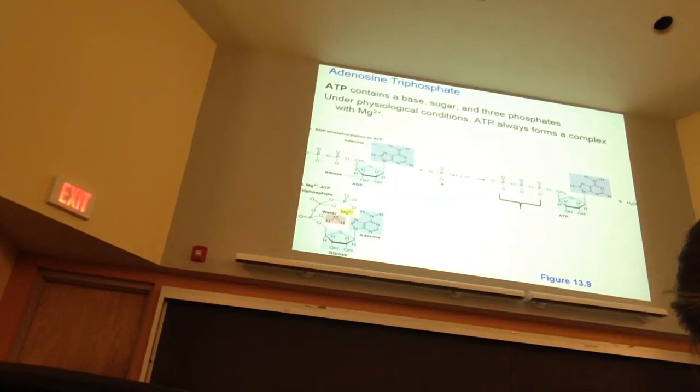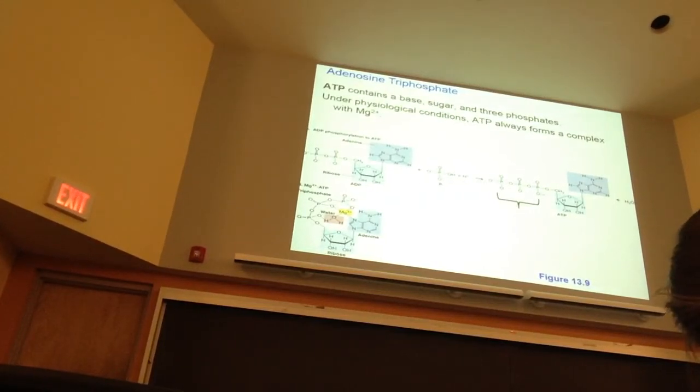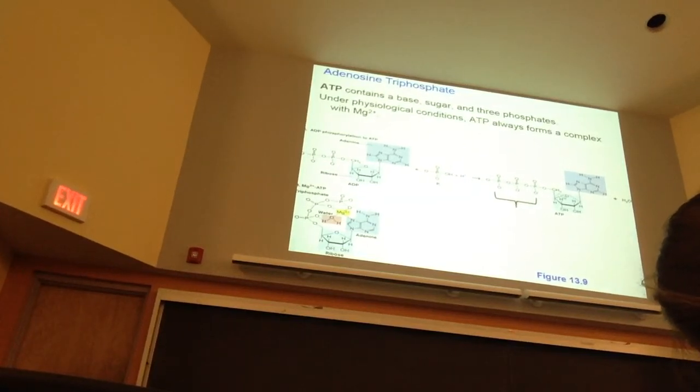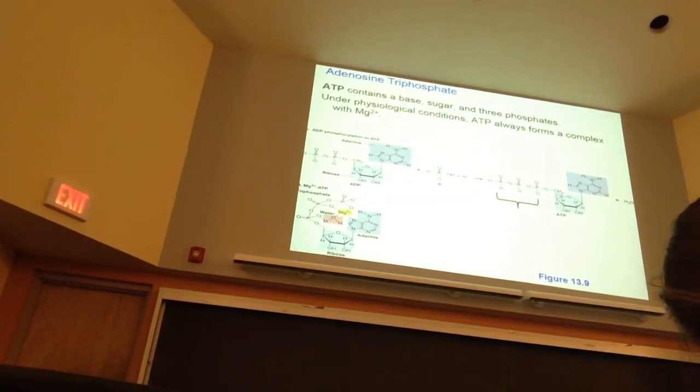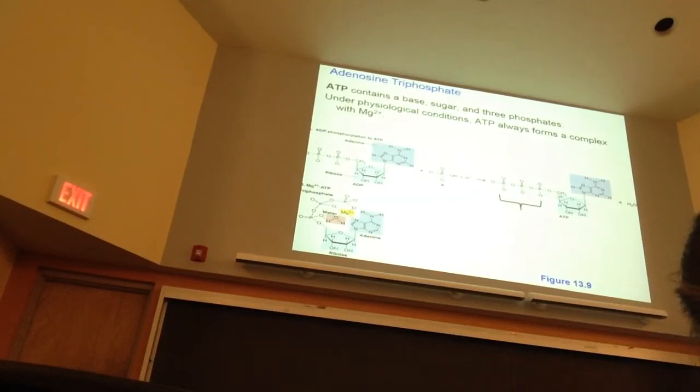Here is the nitrogen-containing base. Here's the ribose sugar, and here's a phosphate group. Okay, so the key to ATP is the phosphate groups that are attached to that number 5 carbon on that ribose sugar.